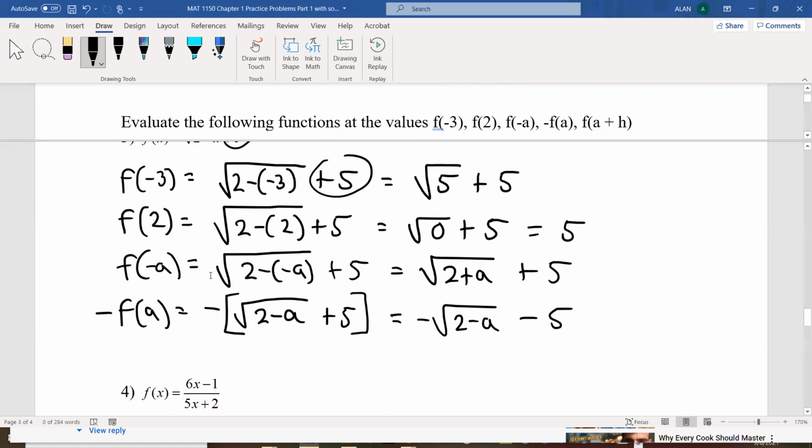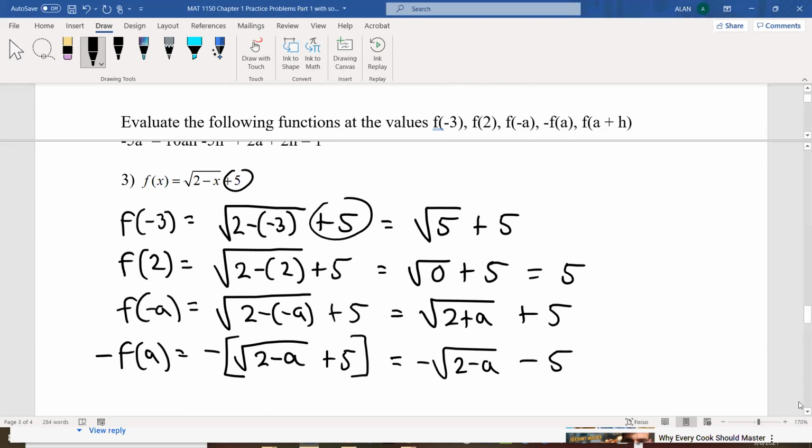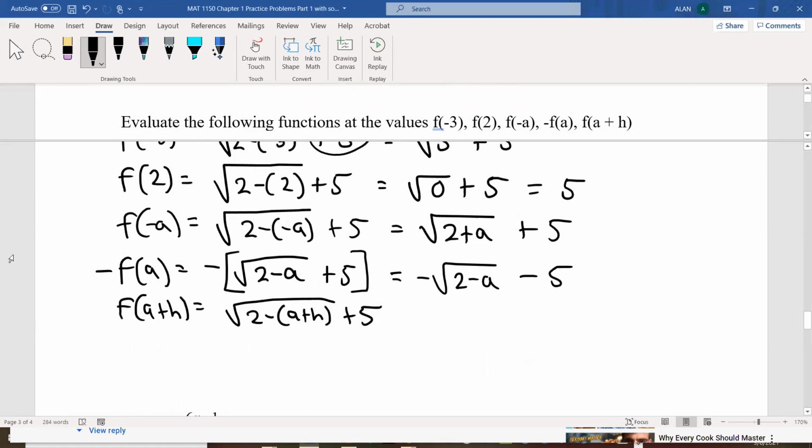Okay. And one more. f of a plus h. So you have to be careful here. a plus h is all in parentheses. So we're not going to be able to do too much with it, but we can simplify it a little bit, although it's not really absolutely necessary.